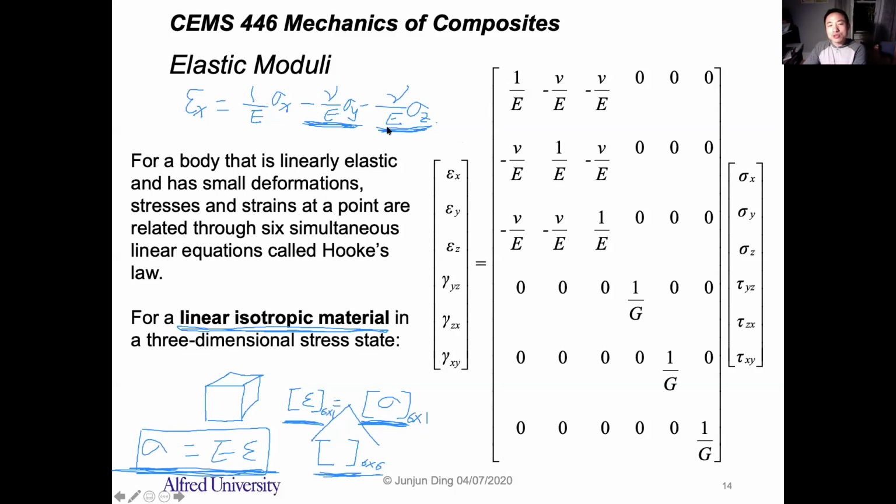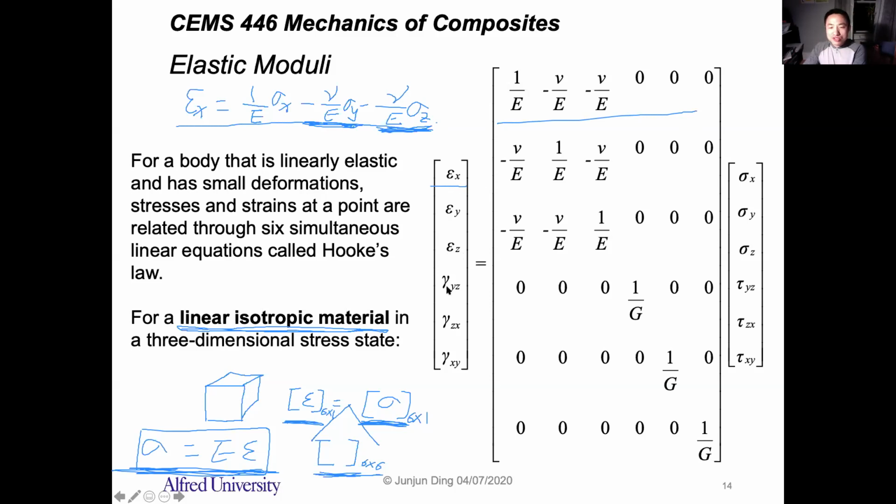Similar to the stress in the z direction. So this makes sense. This is the expansion of this first row, right? The normal strain in the y direction and in the z direction all make sense.